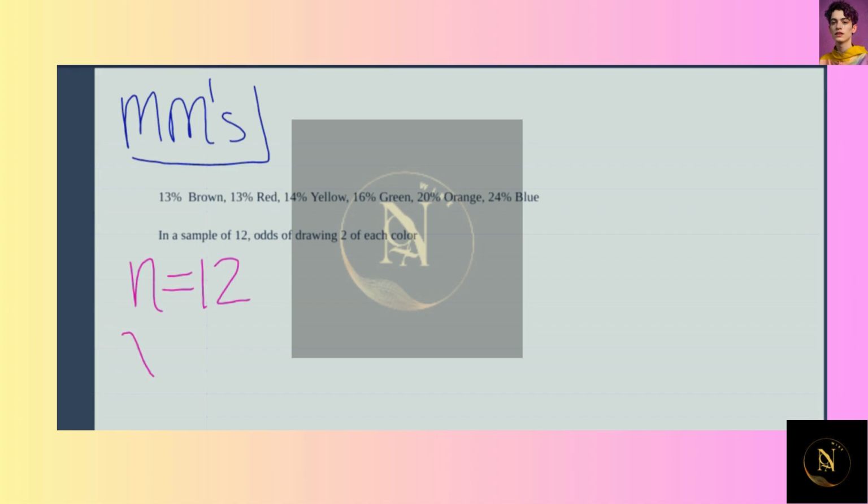We need our X's, so X1 all the way to X6 happens to be 2 because we are drawing 2 of each particular color. So X1 could represent the brown if we want, the X2 could represent the red, and so on. It's just whatever your preference is. Either way, they're all going to equal 2 because we're trying to get an equal amount of each color in this problem.